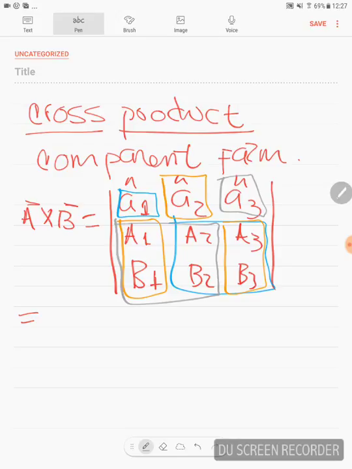So the thing is this: we're going to perform this evaluation of this determinant. You do the following. You have to know what is the index of A1, A2, and A3. So for instance, the index of A1 is 1, 1.